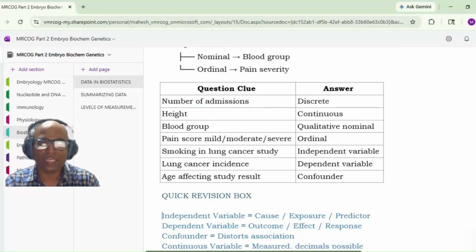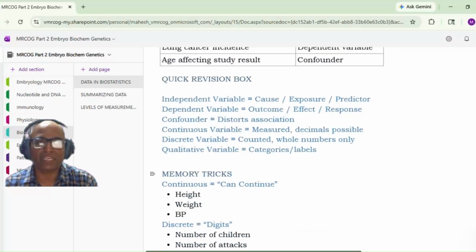Then smoking in the lung cancer study is an independent variable, while lung cancer incidence is a dependent variable. And age affecting the study result will become the confounding variable. So this is how the concepts are there, which can be asked in the examination.